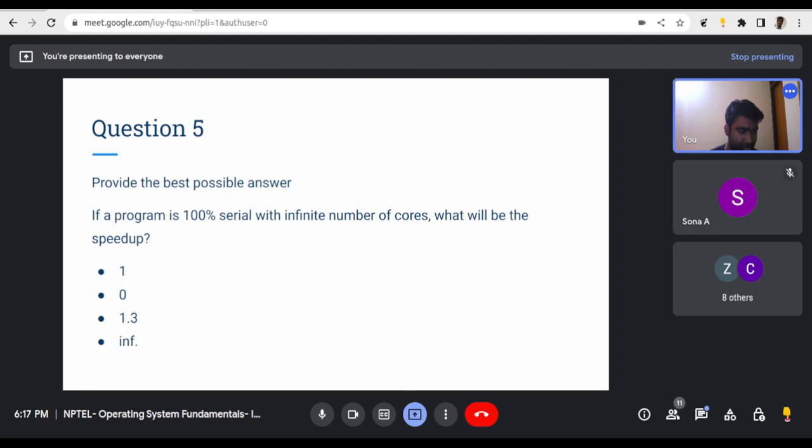And the code is 100% serial. There is no parallel execution possible. So what will be the speed up then? Anyone would like to contribute?